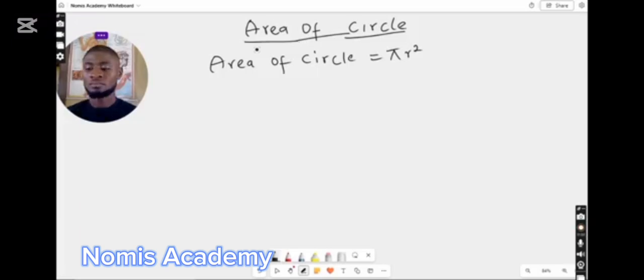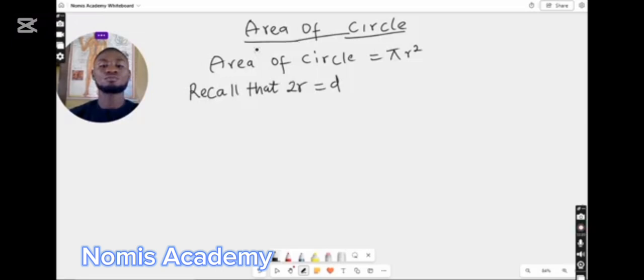So let's see. Note, in the case where a radius is not given, there is a formula to calculate area of a circle. Now let us begin to see what it is. When radius of a circle is not given, the diameter will definitely be given. Let me tell you to recall, 2 radius is equal to diameter, meaning that the length of 2 radius is equal to the length of a diameter.